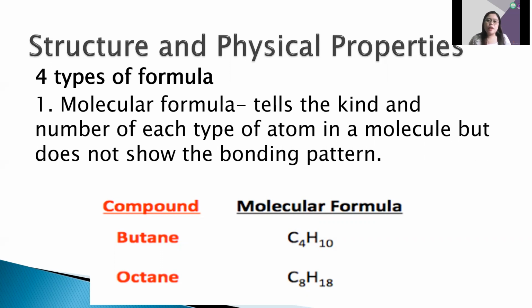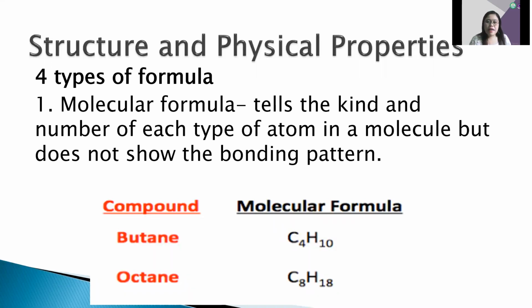Just like butane, which has 4 carbons and 10 hydrogens, so we write the molecular formula for butane as C4H10. We just summarize it. And also with octane, we have C8H18.